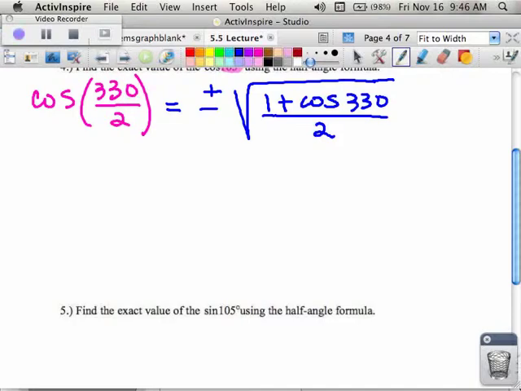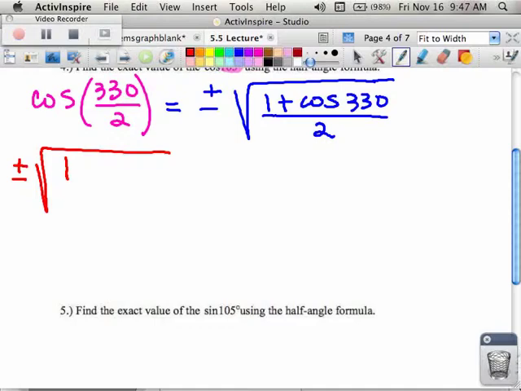Now on your test, if you get this far, you'll get all the points but 1. Guess what the last point's for? Simplifying. So here we go. Here comes the fun part. In order to simplify, on the top, I need a common denominator. So this will now be plus or minus the square root of 2 over 2 plus root 3 over 2 all over 2.